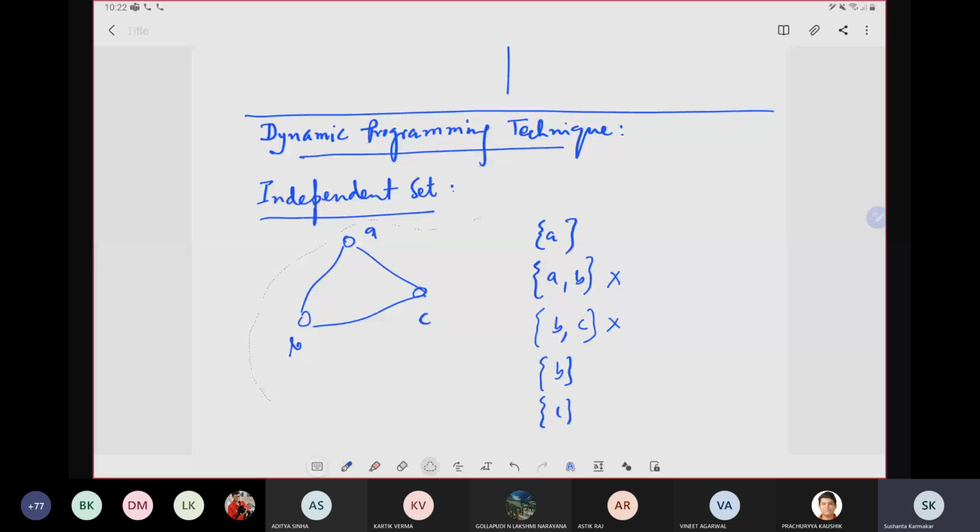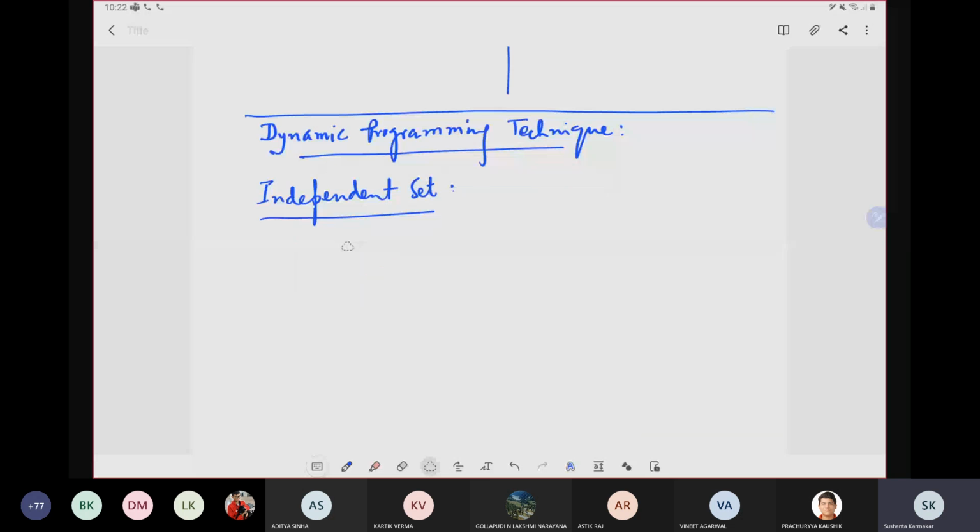Now, if you take a different graph, then you get a different independent set. For example, let's say in this graph, V1, V2, V3, V4.